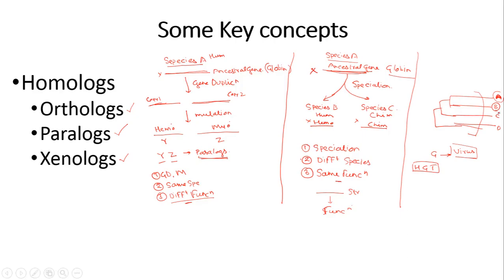Okay, so say for example, what might be the events that would result in the formation of such xenologs? Well, this species B that we are considering, it might happen in the evolutionary course that at a certain point in evolution, the population of this species B might have been infected by some virus.